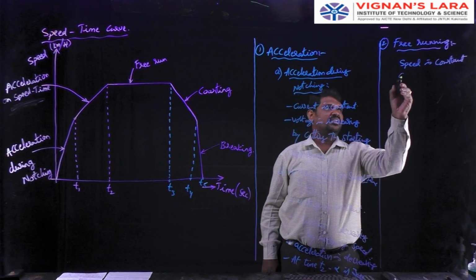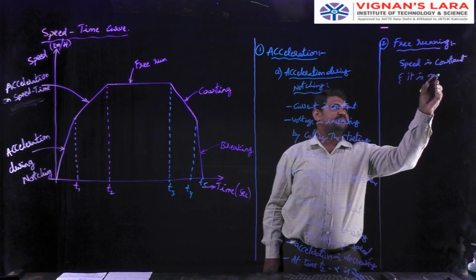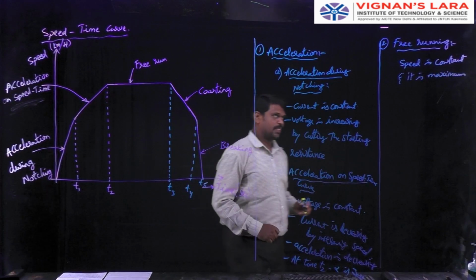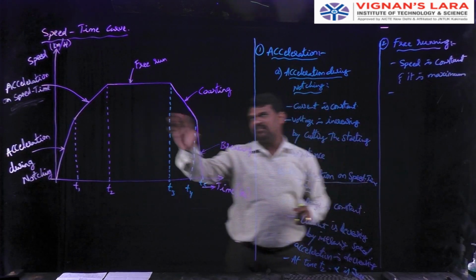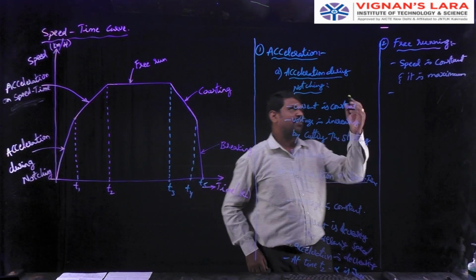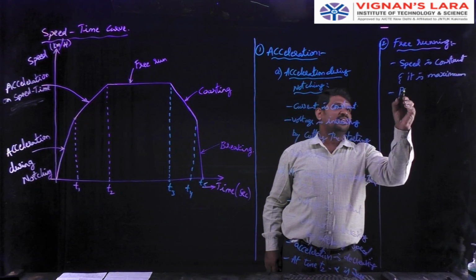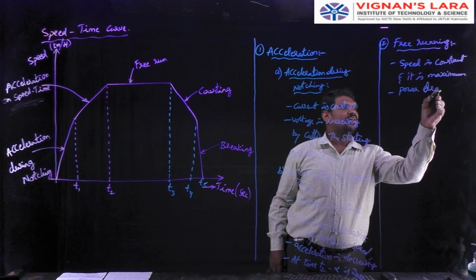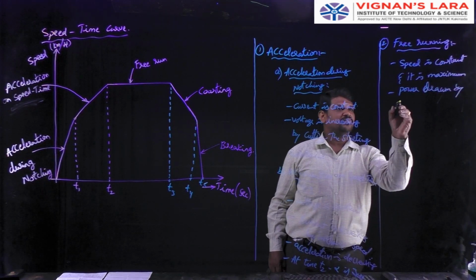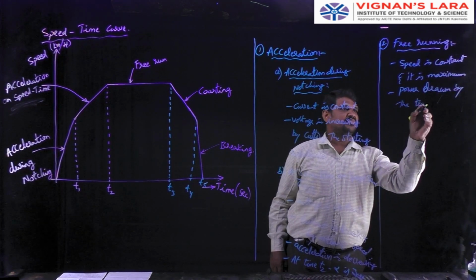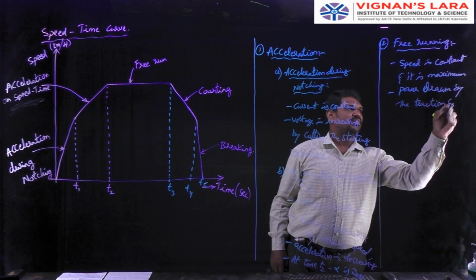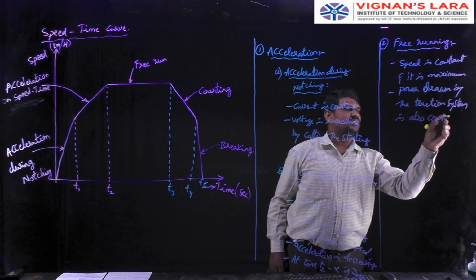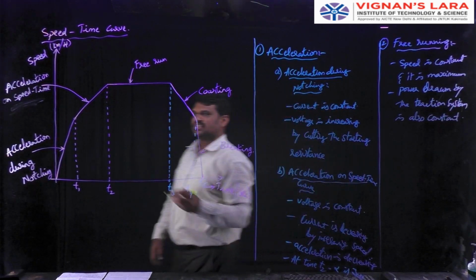And the power drawn in this period, the power consumption by the traction system, is also constant. That is the free running period.